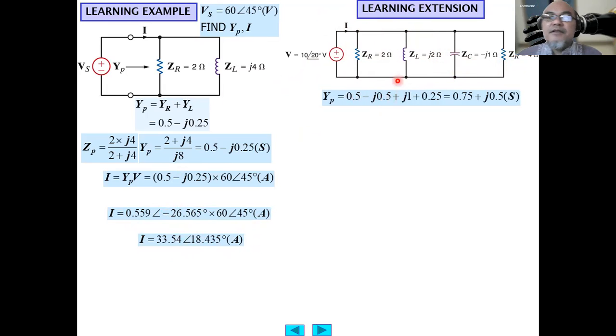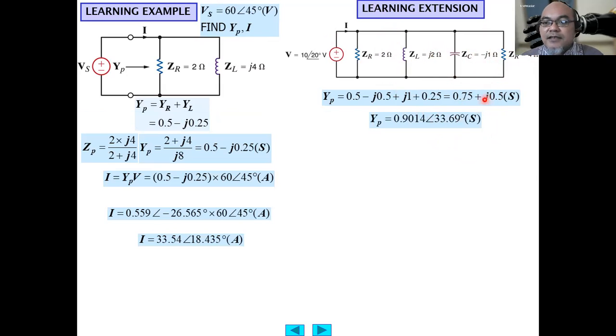So the YP will be equal to the addition of the admittance of each branch. This is 0.5, this becomes minus J 0.5, this becomes J1, and this becomes 1 over 4 or 0.25. We obtain 0.75 plus J 0.5 Siemens.